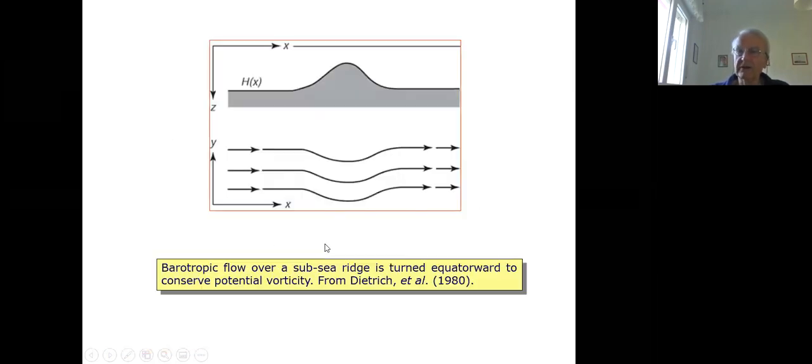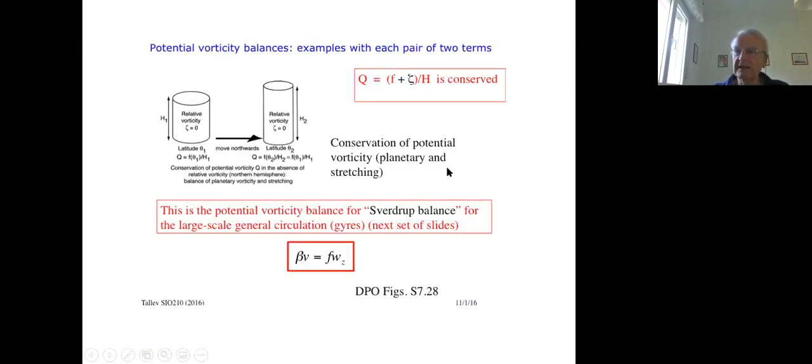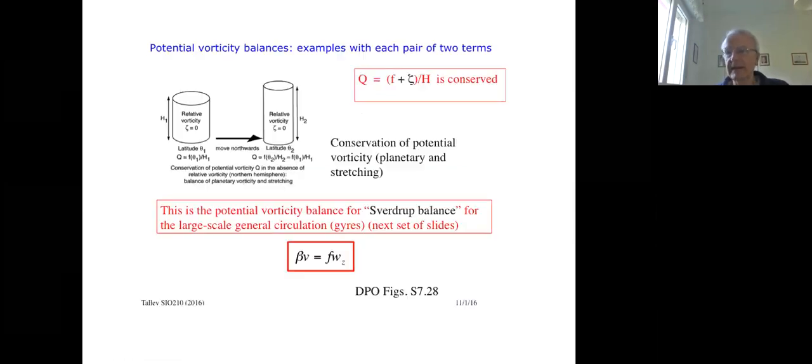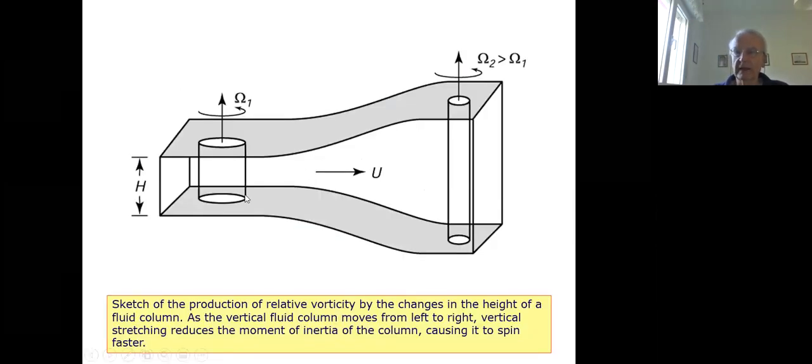And from the equation we have seen here, there is no force for such a thing. We will now be talking about this force, which may make the particle go between shallower and deeper water, or vice versa. What is happening if the water column is moving from the shallower water to deeper water?